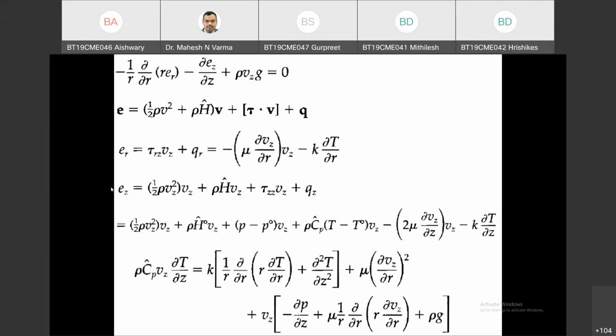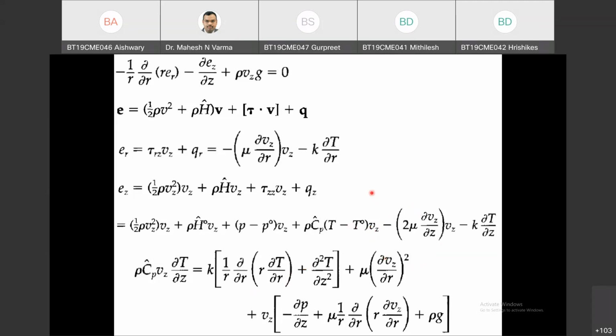Before discussing the equation of change, I told you that we will be needing the input from the continuity equation also. At that time, for the cylinder, we discussed the continuity equation: del dot V equals 0. If we have only z velocity, dVz by dz equals 0. So there is no variation of z velocity with respect to z. That also you need to substitute, all that information you can substitute.